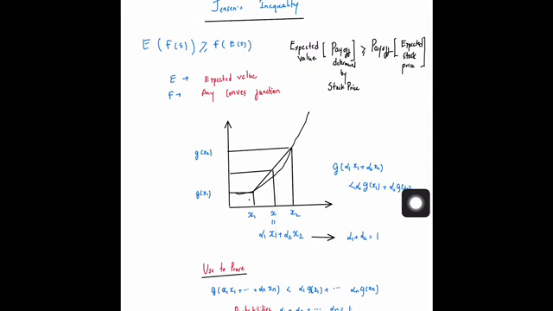Now, for the convex function, the value of the function at that point on the curve is g of alpha 1 x1 plus alpha 2 x2. So we can just see in the picture that this relationship holds true.